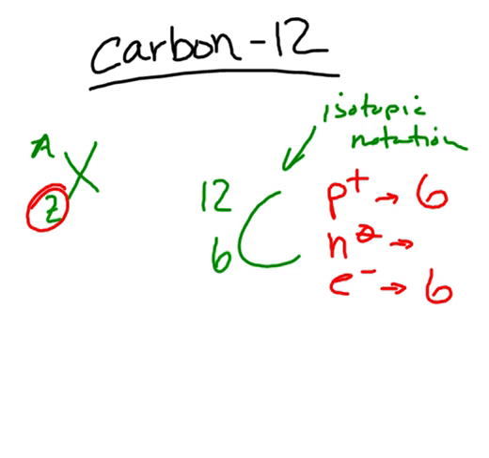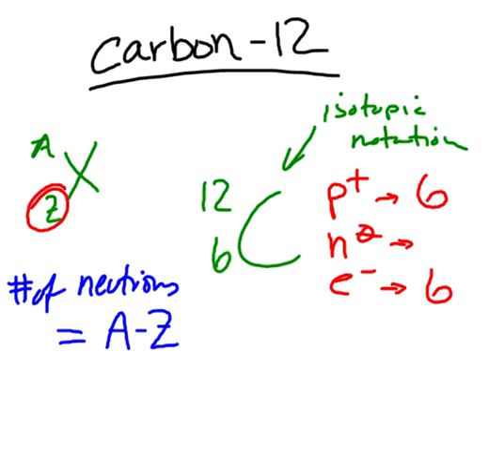The number of neutrons, remember, is equal to A minus Z. In this case, if this is A and this is Z, all I would do is subtract 6 from 12 and I'd get 6, which is the number of neutrons.